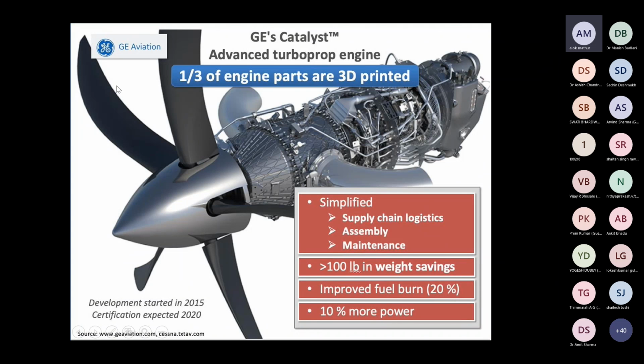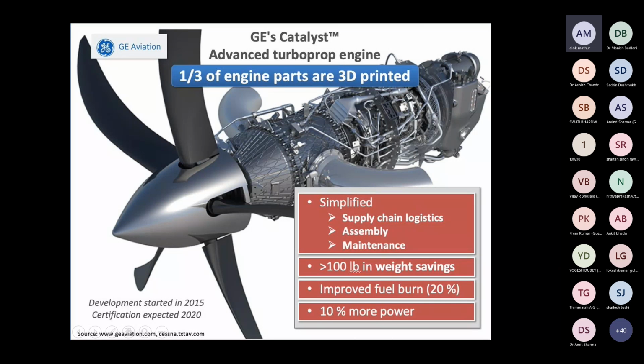So this is the GE aviation engine which is used in aircraft. Development started in 2015 and certification expected 2020. This was completely simplified.